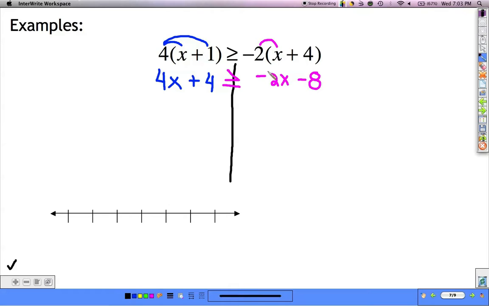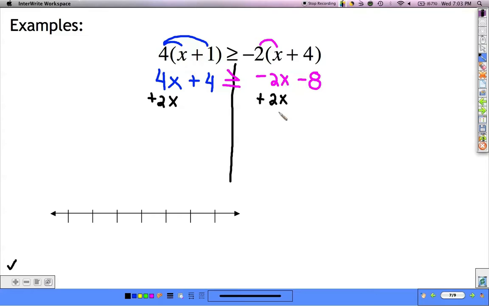So now we can get to solving it. To solve it, we want to group all of our x terms on one side, and on the other side we want to group all of our constants, or numbers that don't have variables next to them. The first thing I would usually like to do is move the x term with the lowest coefficient. So I want to move this negative 2x, and the way I would do that is by adding 2x to both sides.